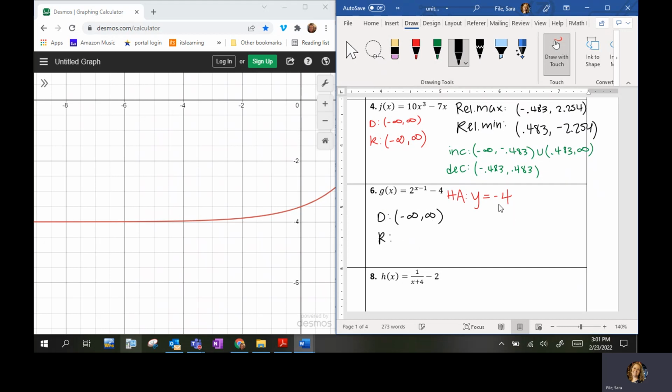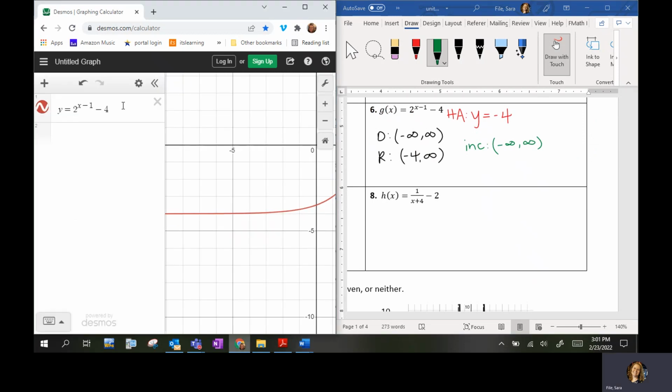But the range goes from the asymptote to infinity in this example. If it had been reflected down, it would come from negative infinity to the asymptote. So pay attention to reflections as well, if you have a negative value being multiplied. And then increasing, decreasing intervals, this graph is increasing from left to right forever. So all real numbers, it's increasing.